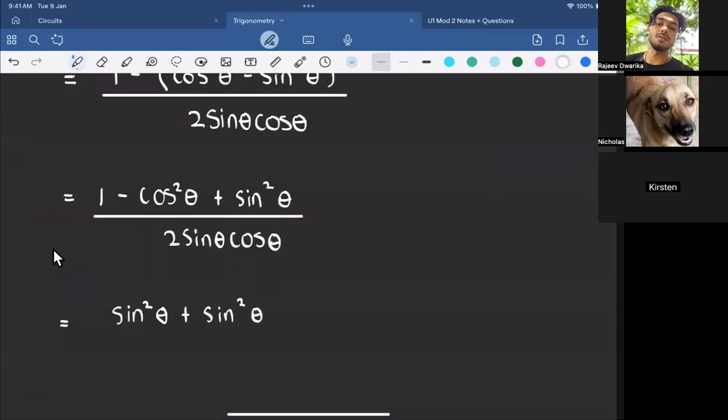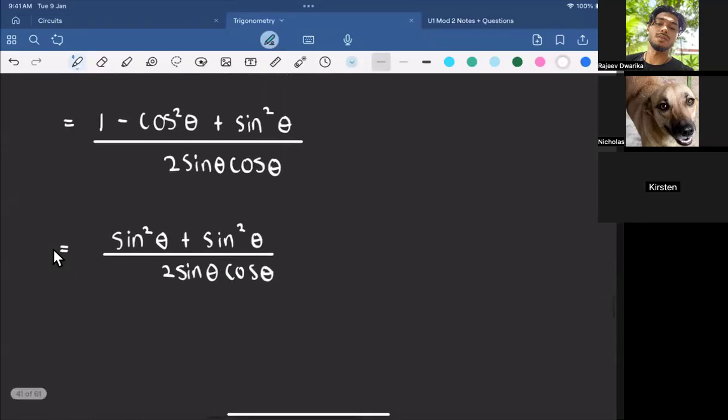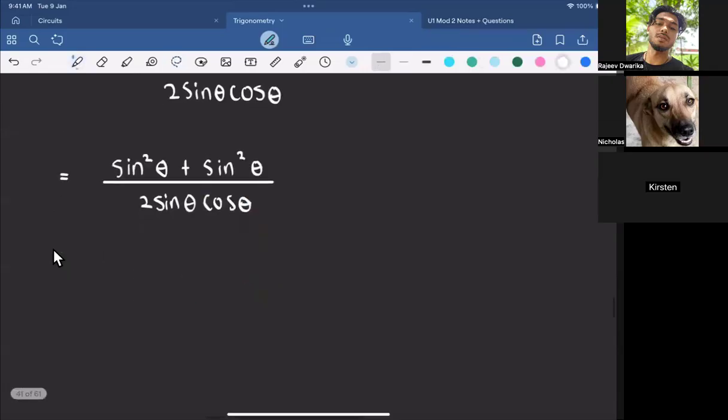I think you can see the light at the end of the tunnel from here. What is sine squared theta plus sine squared theta? 2 sine squared theta. Do you see anything I could potentially cancel off?